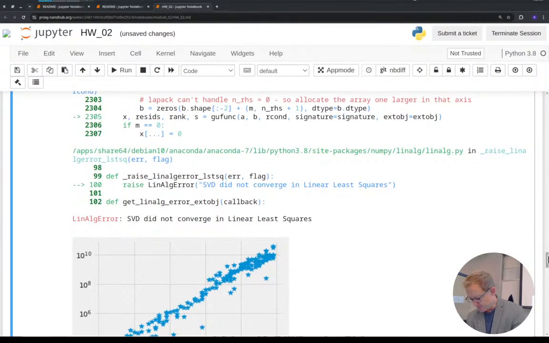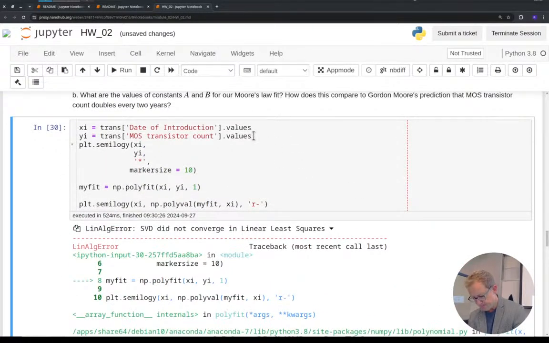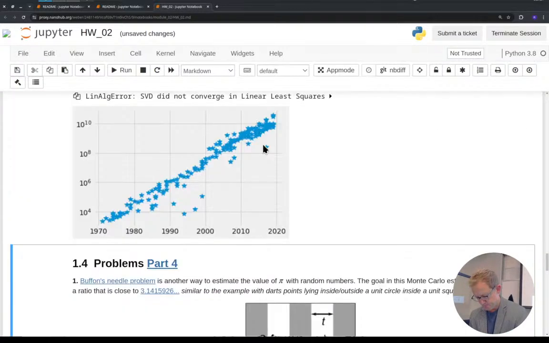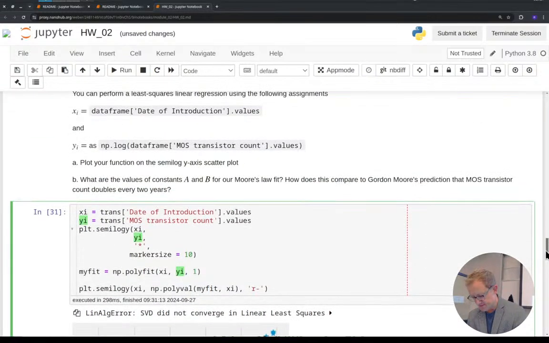Didn't converge. Why didn't it converge? I wonder if it doesn't like those missing values.